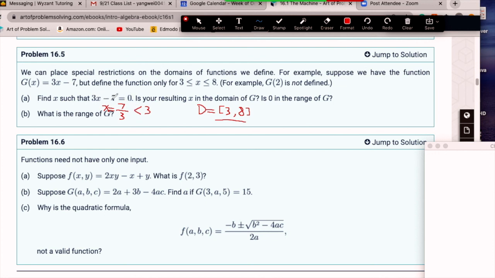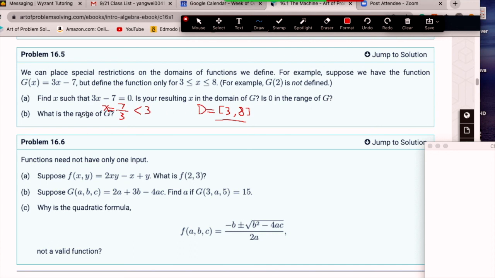When 3x minus 7 equals 0, x should equal 7 over 3. So that means no other value in the domain can make this function value equal 0. If you try to make the function value equal 0, x should equal 7 over 3, and that's out of the domain of this function. So 0 is not in the range of G.